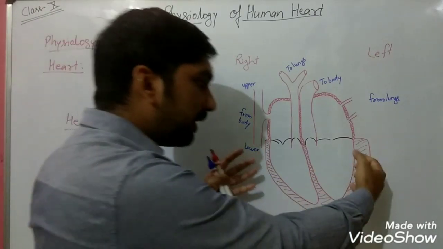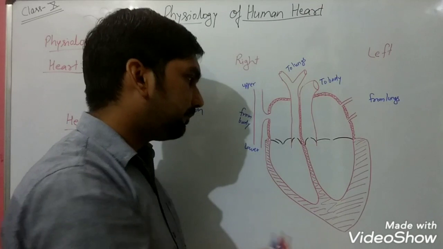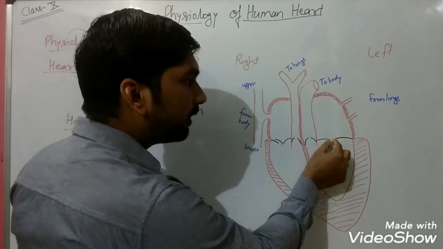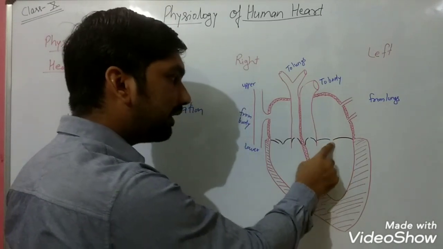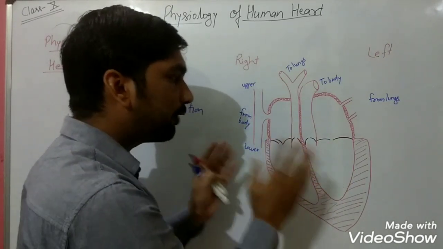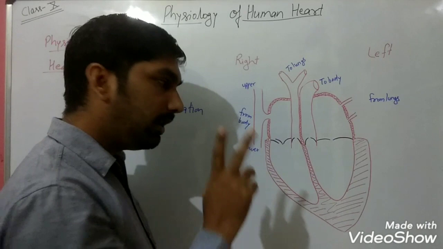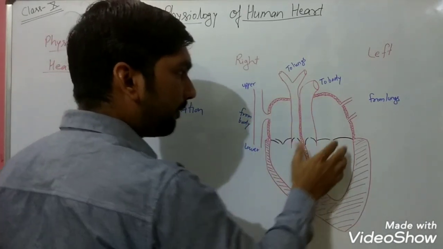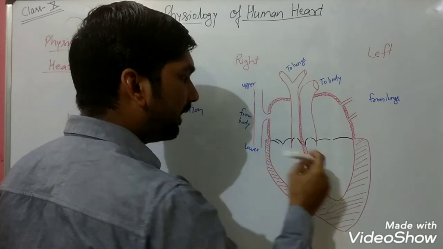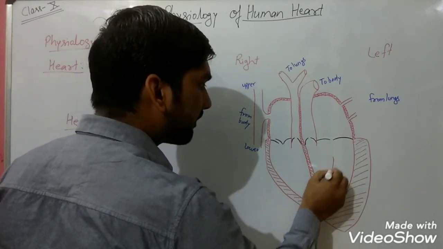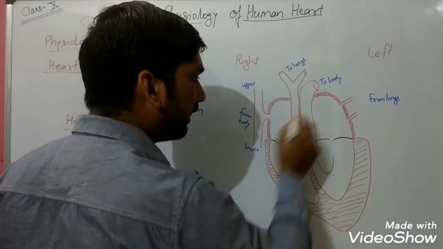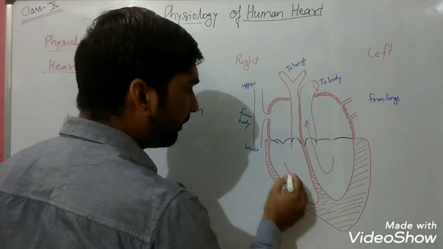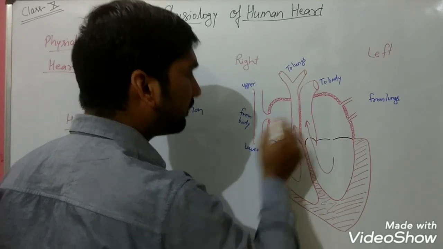Now, during the contraction of ventricles, again the pressure will be more here, so these valves will be closed. Bicuspid and tricuspid valves will be closed and blood will get only one pathway to flow. From the left ventricle the blood will move only this way, and from the right ventricle the blood will move only this way.